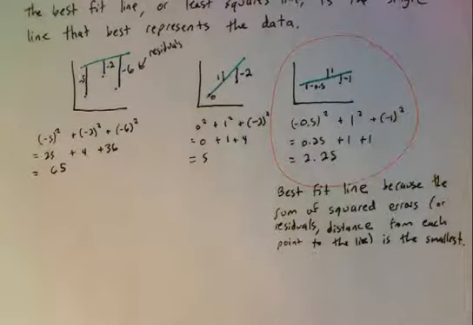So the reason that we want to find these is because the line tells us some useful information about the two variables that we're thinking about.